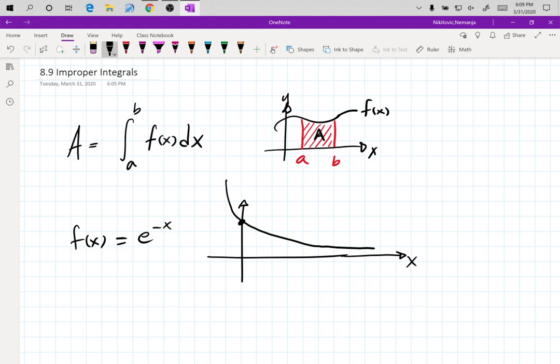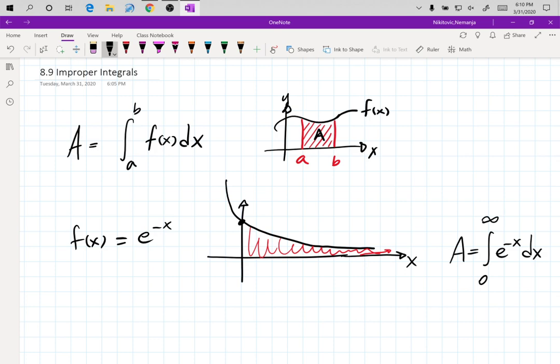And you want to calculate area, but you are going to let the time go forever. We see that area is leaking over here and going forever, but the question is, is the area finite or is the area infinite, right? So in this case, you would be looking for the area, let's go 0 to infinity of e to the negative x dx.